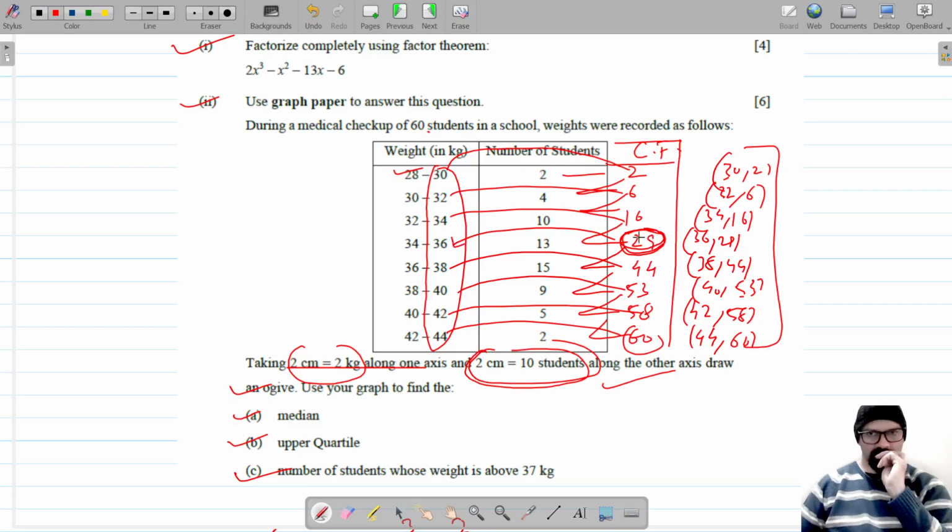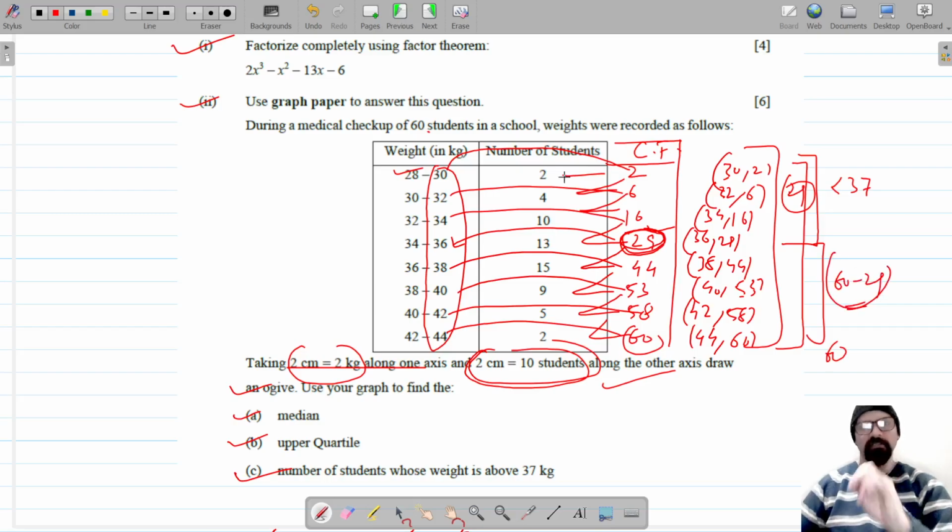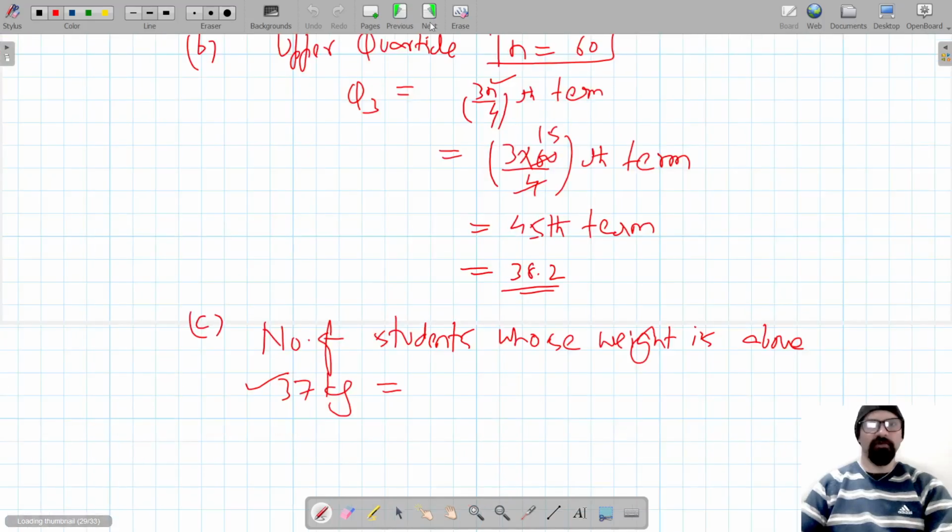Up to here the total number of terms is 60, and below this the weight is less than 37 kg. Greater than 37 kg will be 60 minus 29. So 60 minus 29 will be the number of students whose weight is above 37 kg.